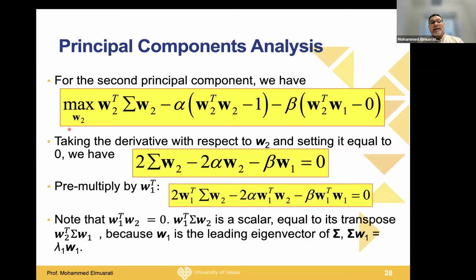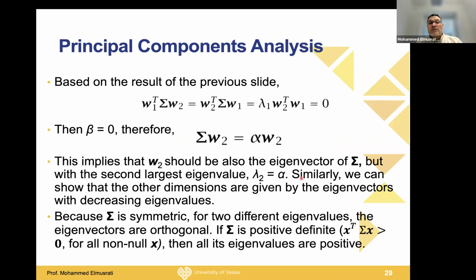After solving this in the same way, we got a very interesting result. We got that ZW2 is equal to alpha W2. And in the same way, you need to maximize this.